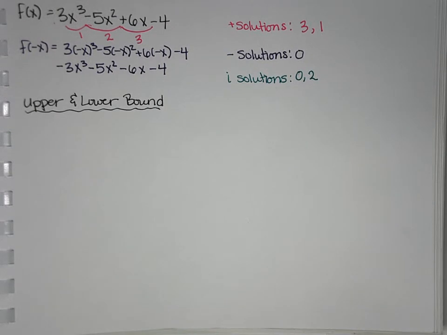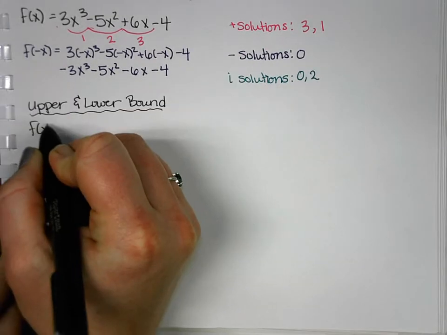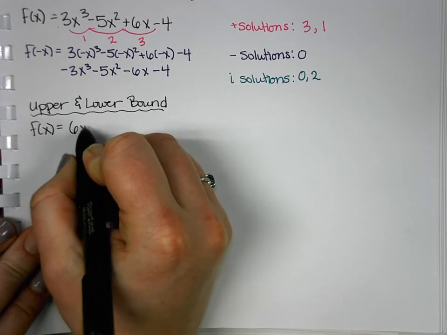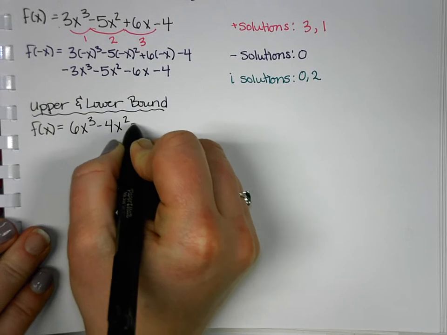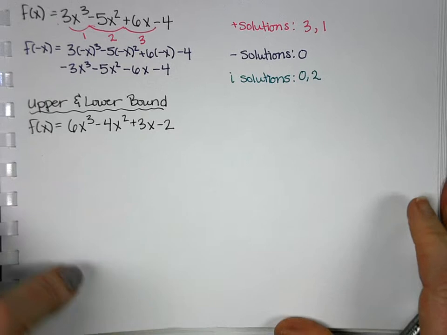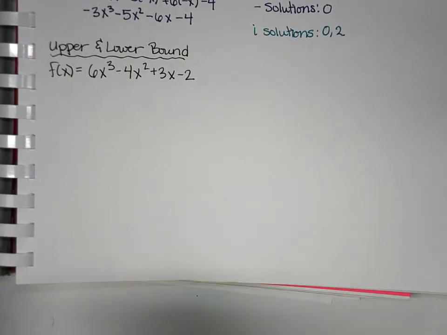So let's start with a function, because this will hopefully make more sense after we do one. We're going to start by using our rational roots theorem to find our potential solutions.